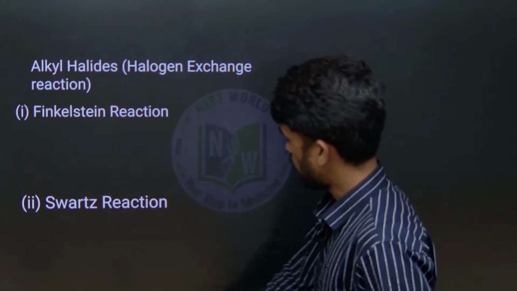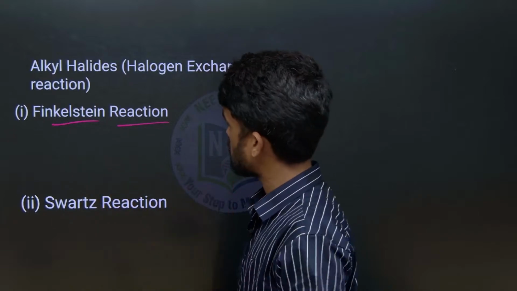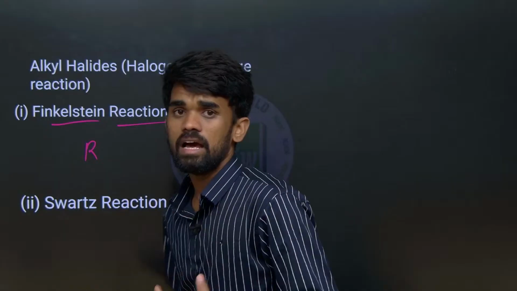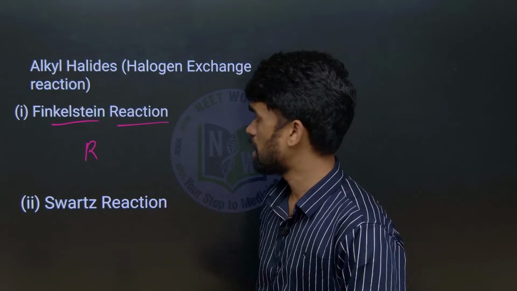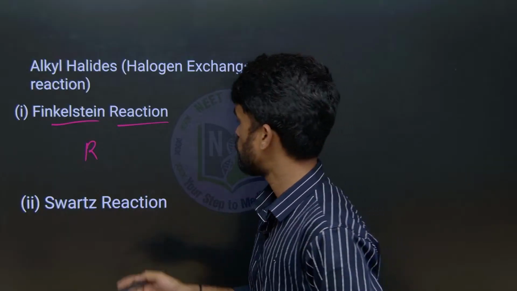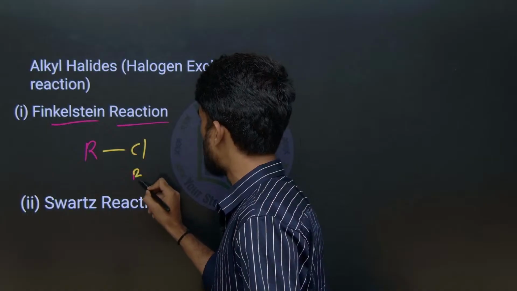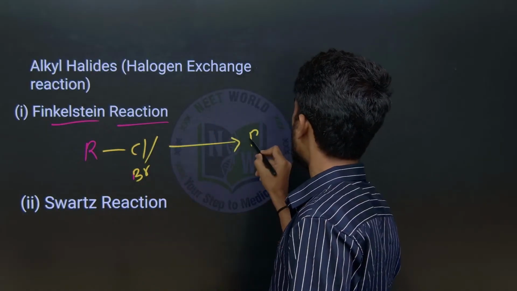Next, the Finkelstein reaction. So what exactly is the Finkelstein reaction? For preparation of alkyl iodides, iodination of alkanes is not feasible because of its reversibility. Therefore, we will be converting alkyl chlorides and alkyl bromides to alkyl iodides.